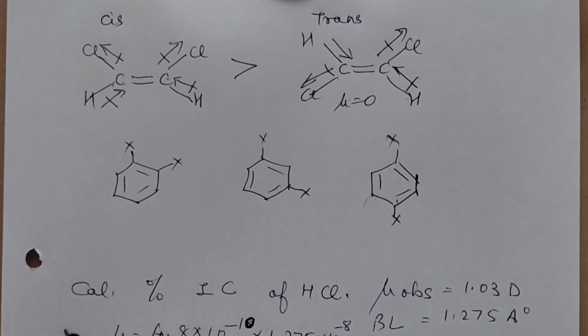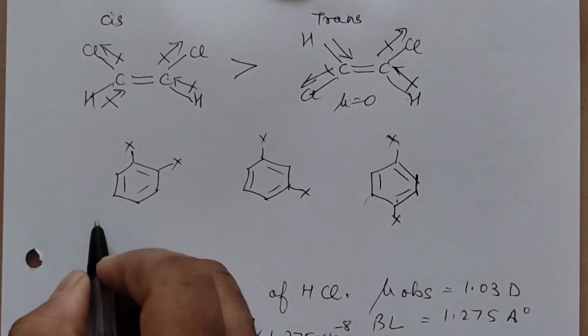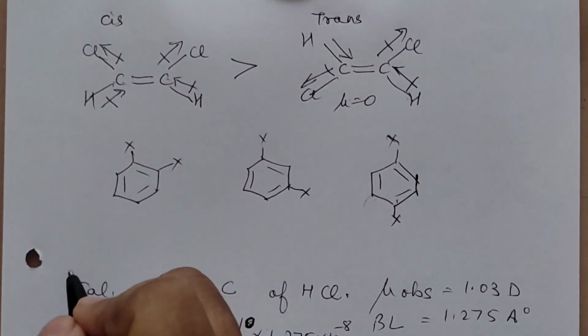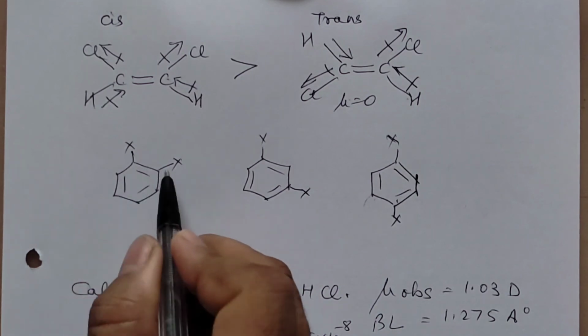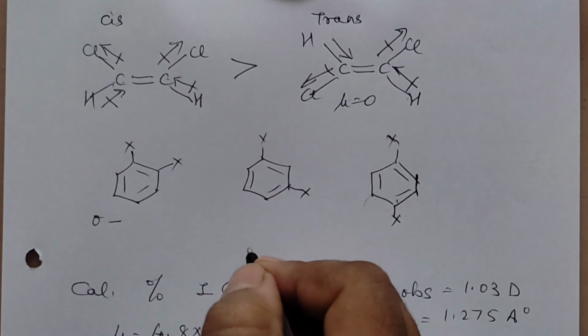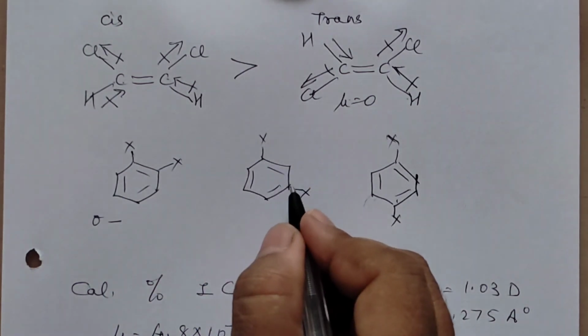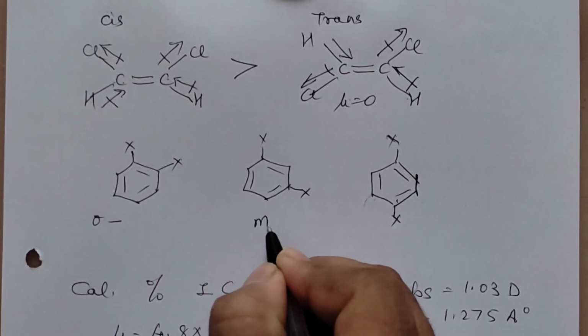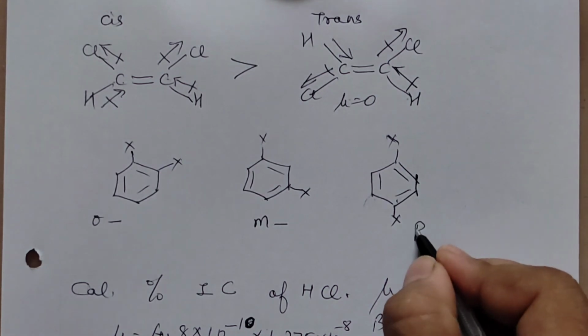Now these types of examples you may also come across. These are dihalobenzene derivatives. If two halogens are present on adjacent carbon atoms, it is said to be ortho. If one carbon is left in between, it is meta. If opposite, it is para.